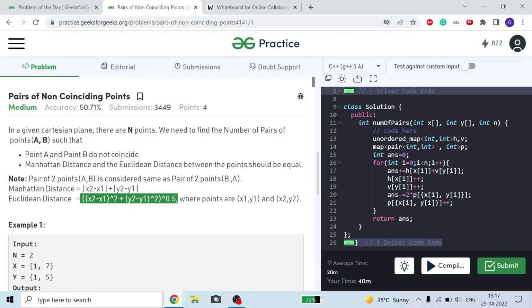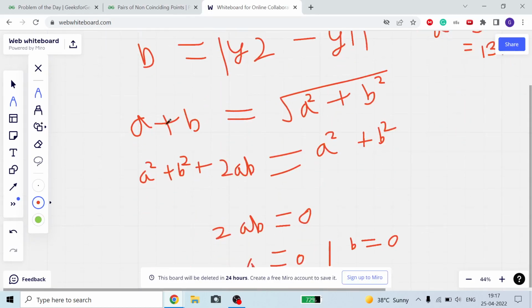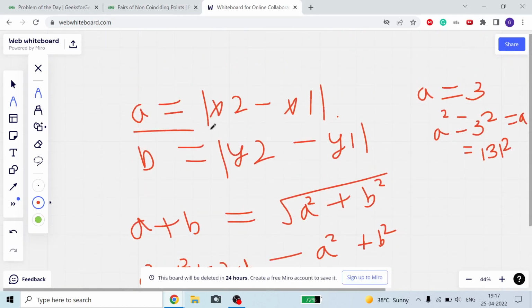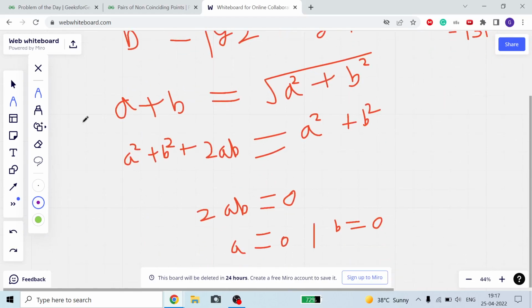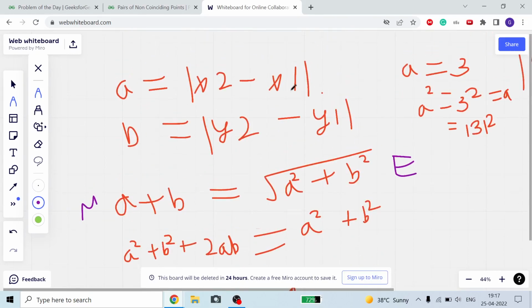Suppose I take |x2 minus x1| as A and |y2 minus y1| as B. So we are given that the Manhattan distance, A plus B, is equal to the Euclidean distance, which is the square root of A square plus B square.